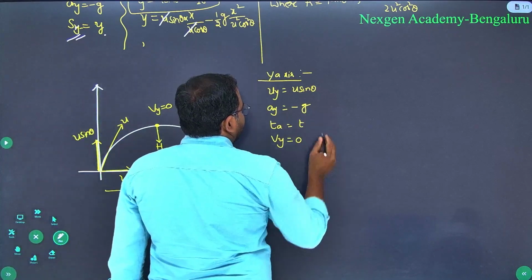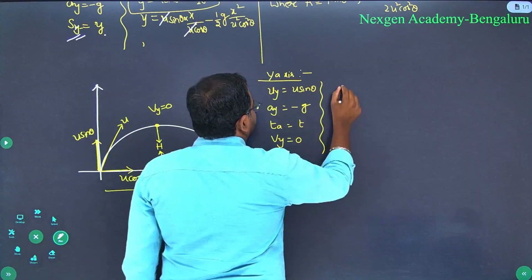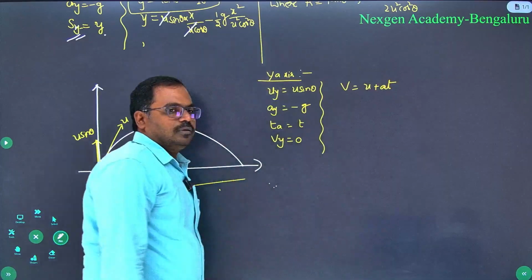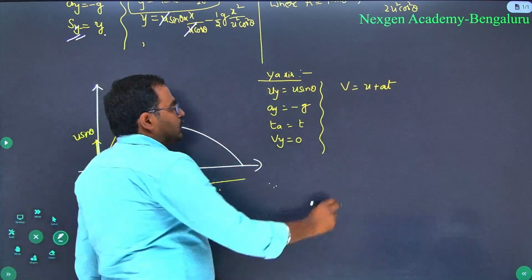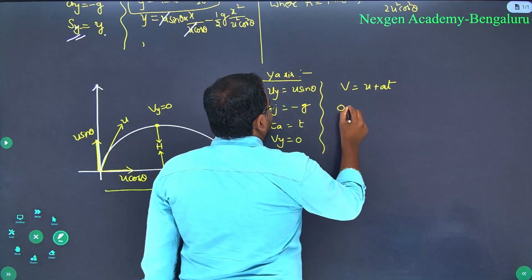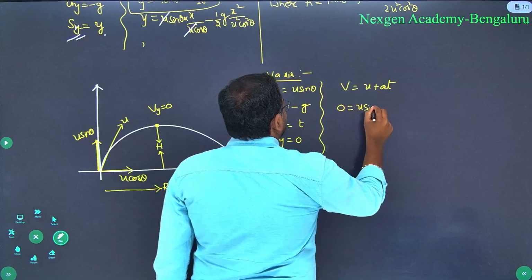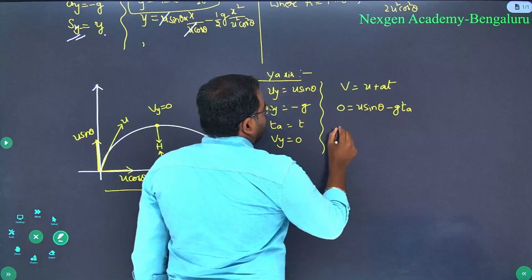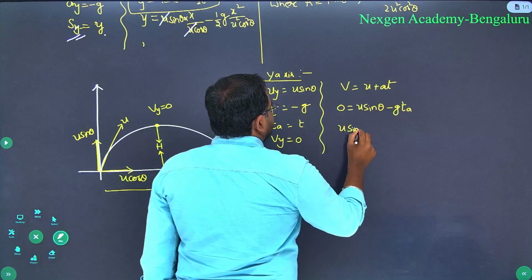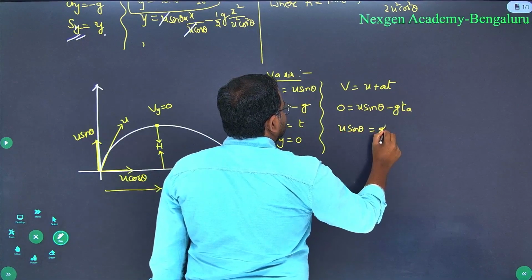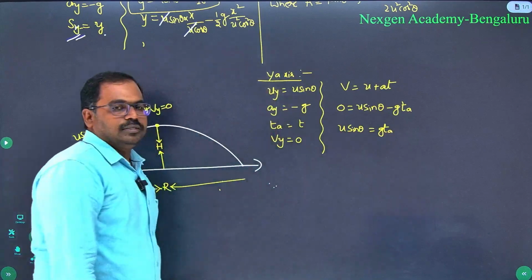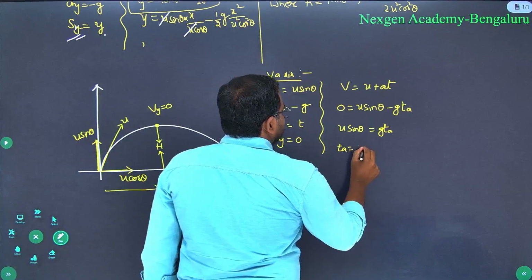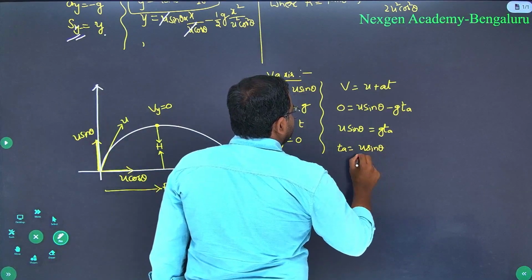We have a relation among these quantities: v = u + at. Here v is 0, u is u sin θ, and a is −g, so 0 = u sin θ − g·ta. You can write this as u sin θ = g·ta, or ta = u sin θ / g.